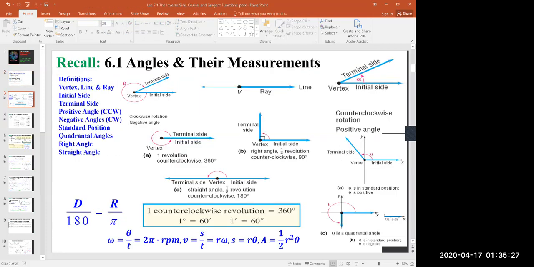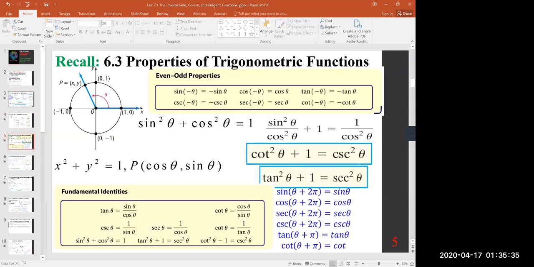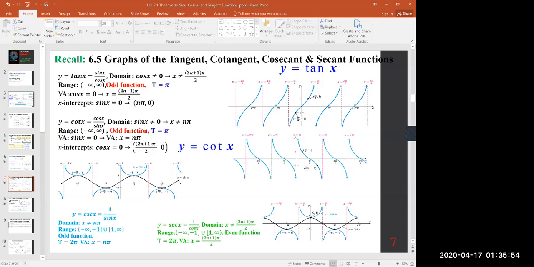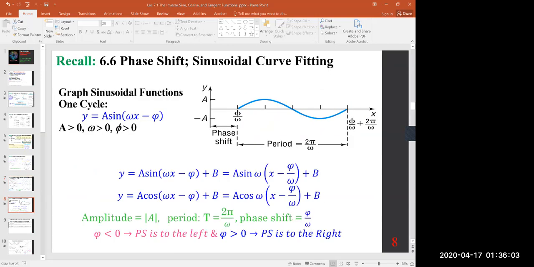All right, again, let's quickly recap what we've done. Basics of trigonometry, unit circle, fundamental identities, sinusoidal functions and their graphs, the rest of the trigonometric functions, tangent, cotangent, secant, and cosecant and their graphs, phase shift and curve fitting was discussed.